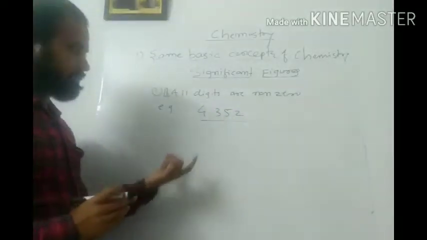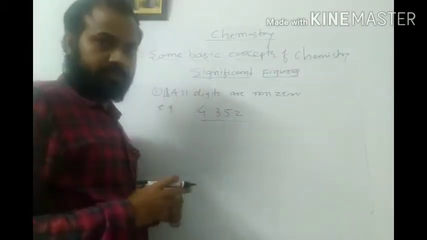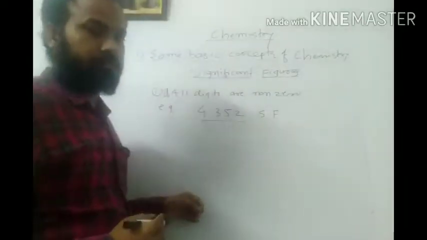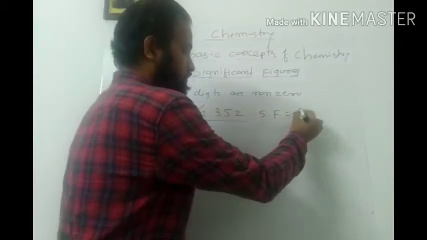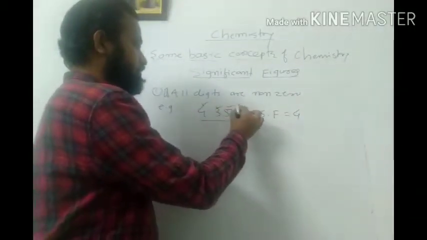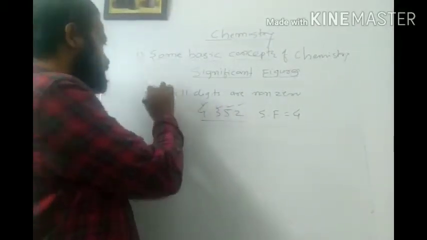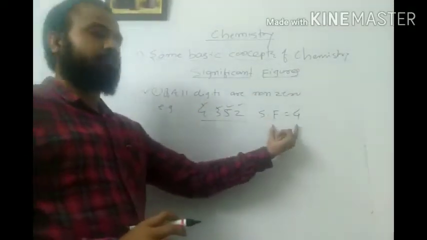In this number, all the digits are non-zero, so I can write the significant figures, short form s.f., equal to 4. Just count the digits: 1, 2, 3 and 4. All four digits are non-zero, so according to the first rule, the significant figures are 4.